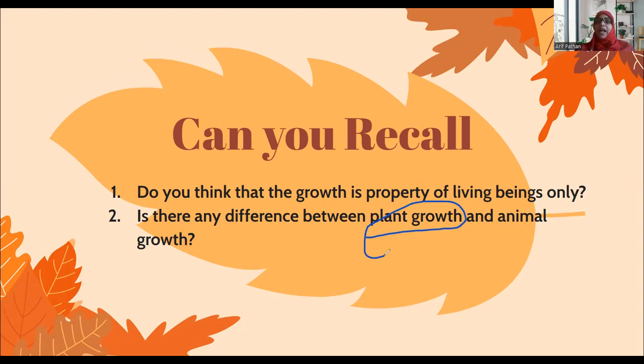The growth will not be as fast as when the plant was young, but growth will be there slowly and gradually. Animals will grow to a certain age and then reach old age, the plateau or stationary phase.